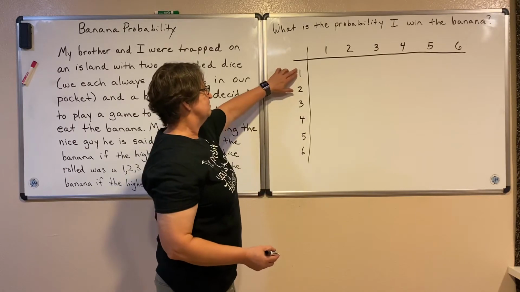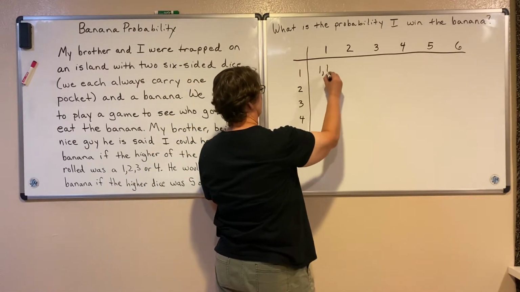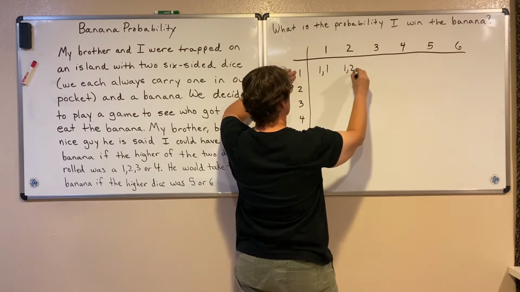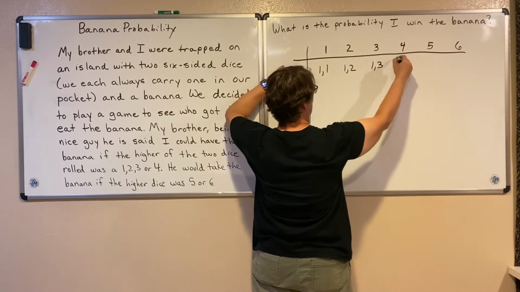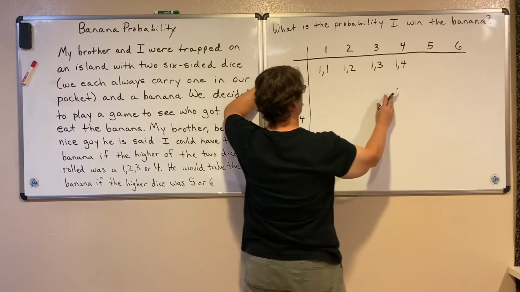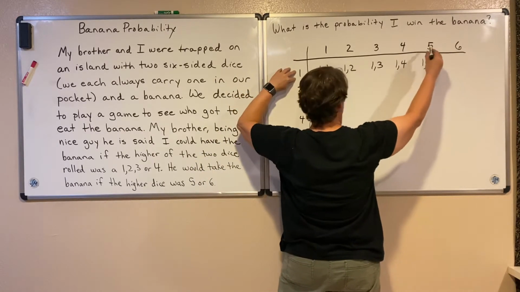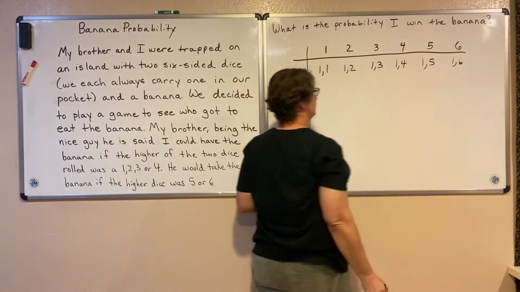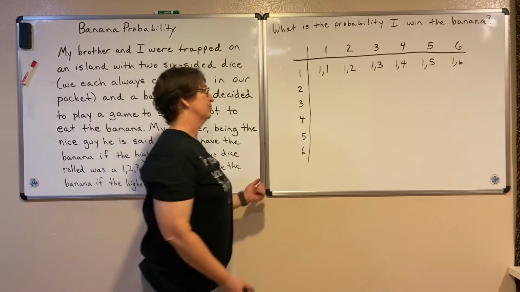So for instance, I could roll a 1 and my brother could roll a 1. I could roll a 1 and my brother could roll a 2, a 3, a 4, a 5, or a 6. So those are 6 possible outcomes from this game.